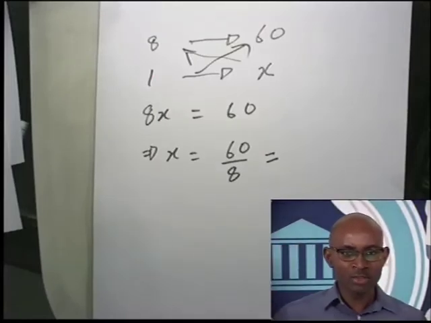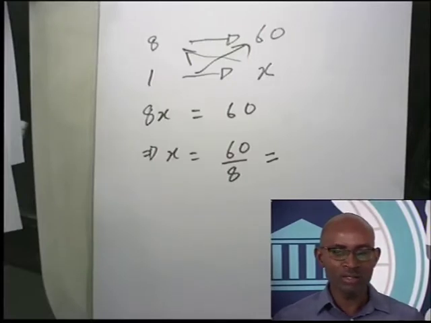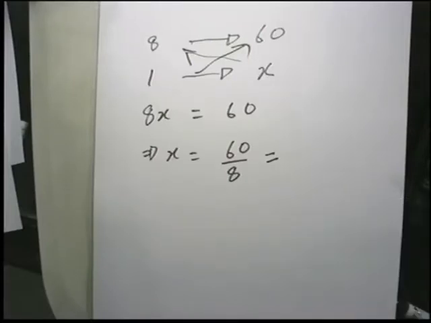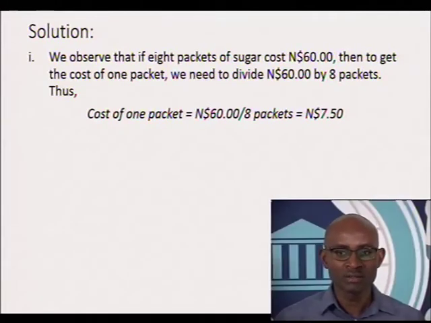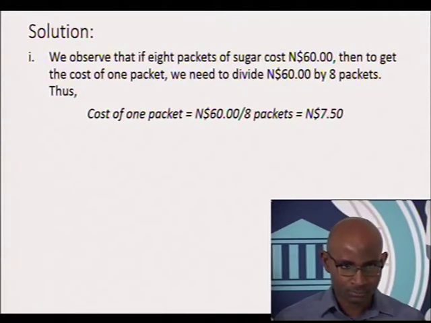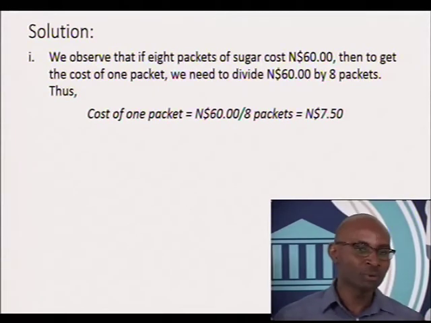So that is what we have, and if you work it out correctly, you should get $7.50, which means the cost of 1 packet of sugar is $7.50 per packet. Right, so that's simple enough.